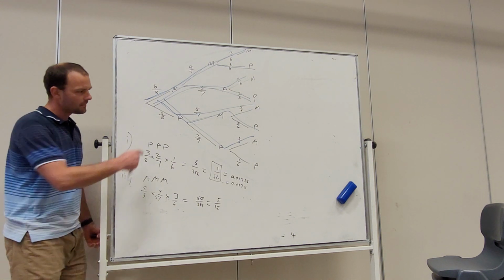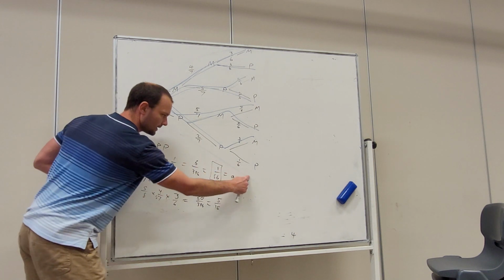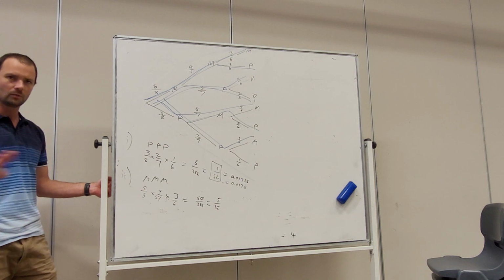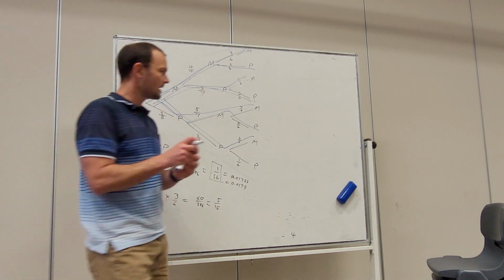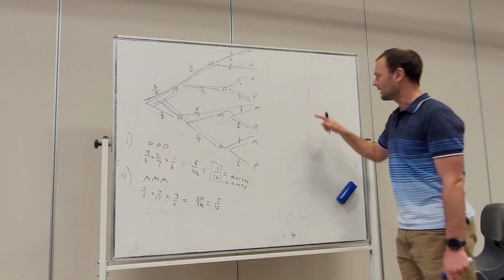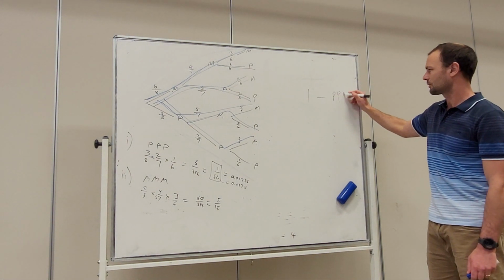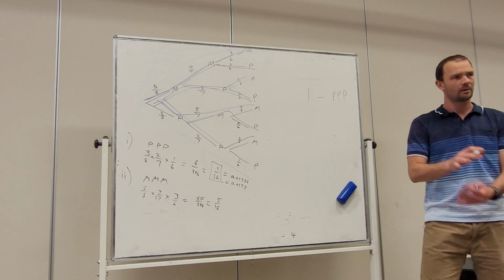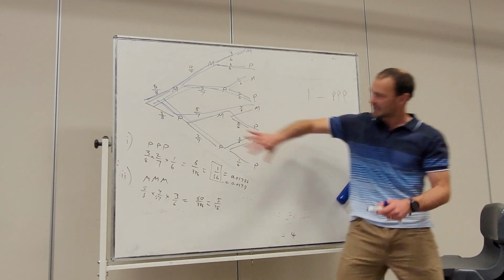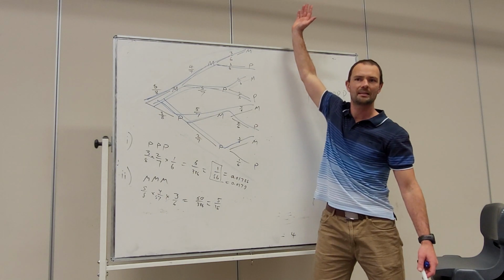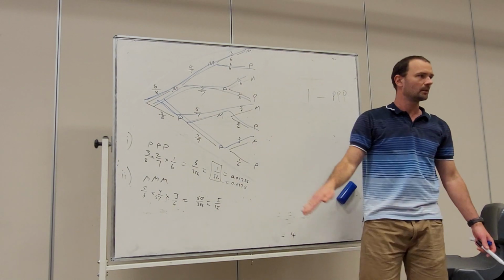And the only event that's not included is the probability of getting 3 protein bars. Which means if we do 1, the probability of all events, take away the probability of getting 3 protein bars, we have all probable outcomes. Take away this one, we're left with all the rest added together. We don't need to add them up individually.